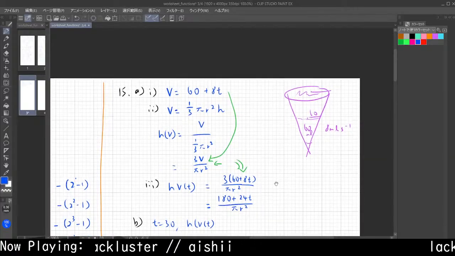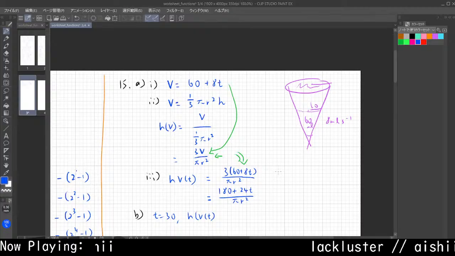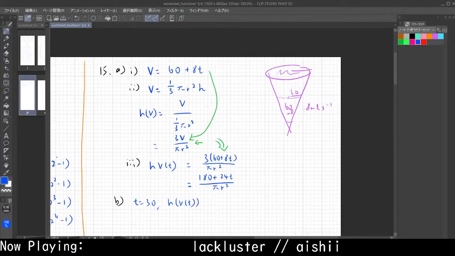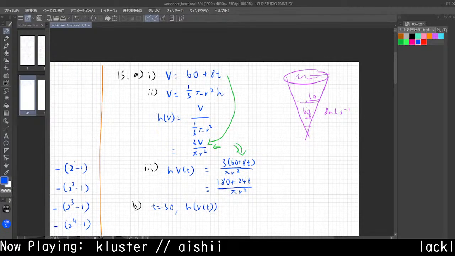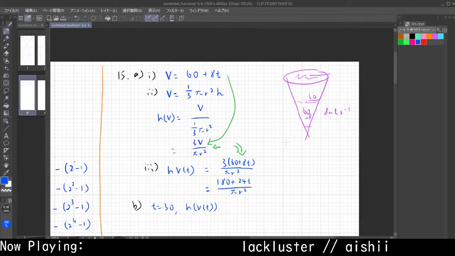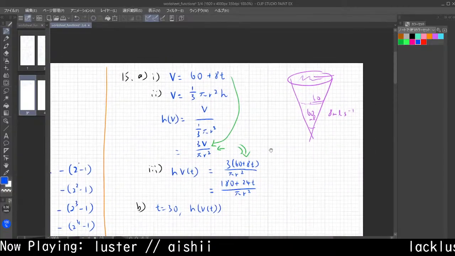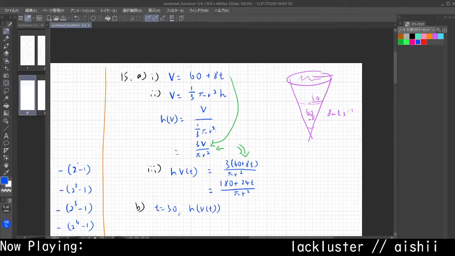Oh wait, I just realized your r here should be replaced, because it's only supposed to be in V. So your r should be replaced with the starting value. In this case, it will be 10, because we are also starting from the current height basically.